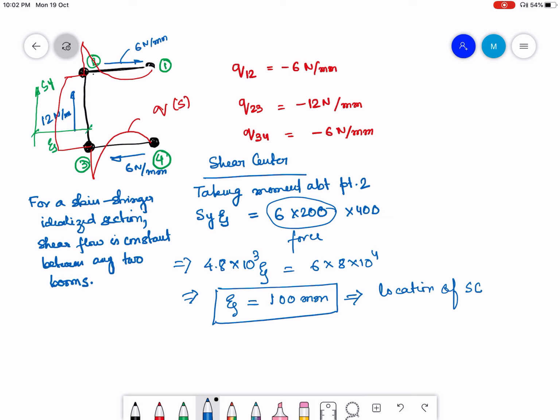With this, we will end this lecture. In the next lecture, we will talk about certain corollaries for finding the shear flow in a skin stringer idealized beam, and also solve an example of a closed skin stringer idealized cross section. Thank you.